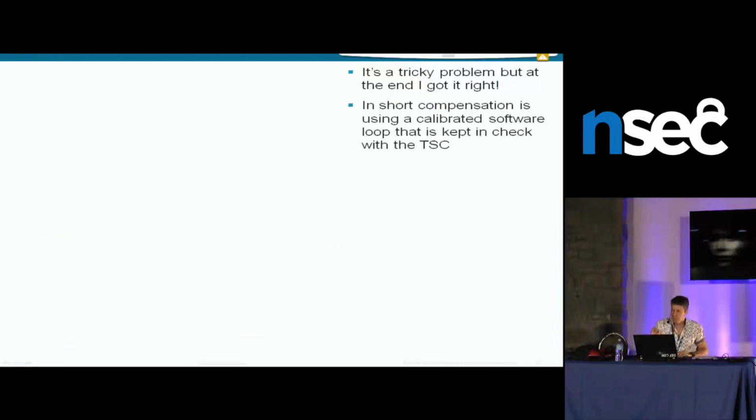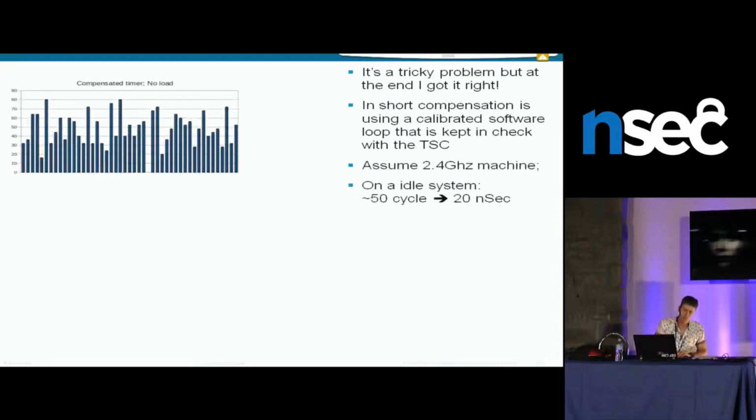In short, the compensation algorithm uses a calibrated software loop that is kept in check at every single point in time with the TSC. This is the result I got. On my 2.4 gigahertz machine, on an idle system, the jitter on my timers is in the order of 50 cycles.